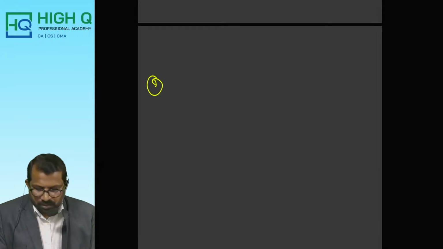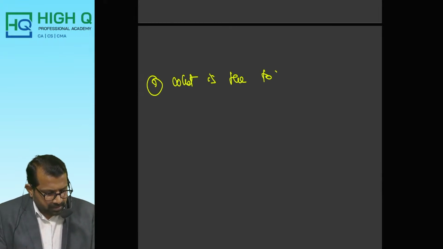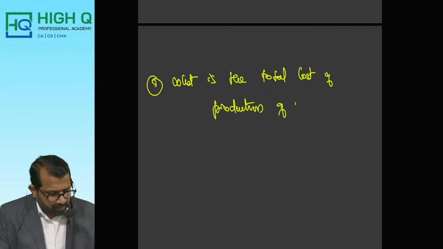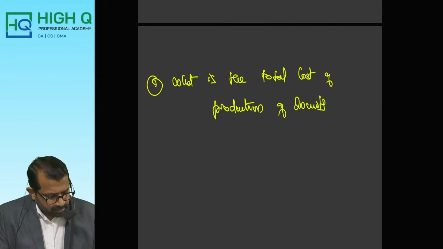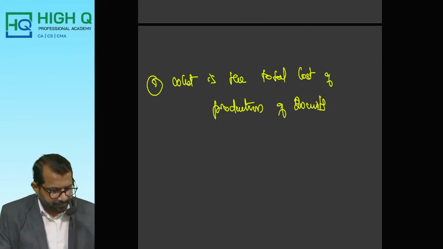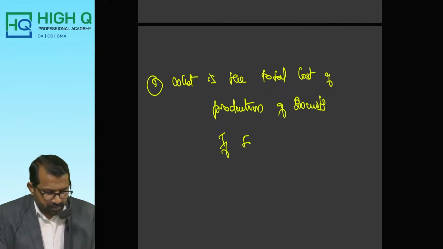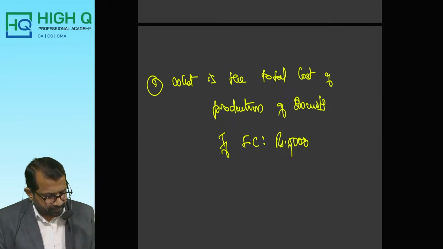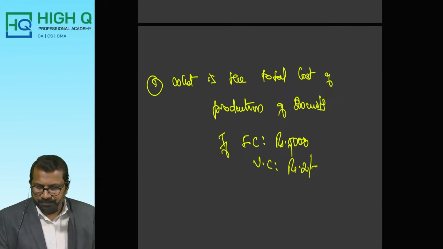Next one, what is the total cost of production of 20 units if fixed cost is rupees 5,000 and variable cost is rupees 2 per unit?